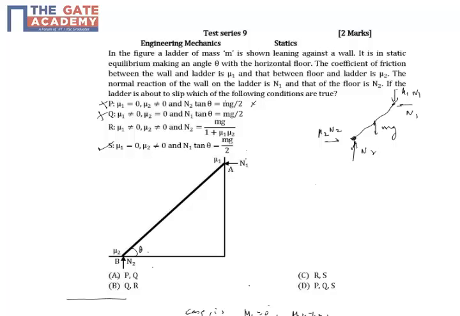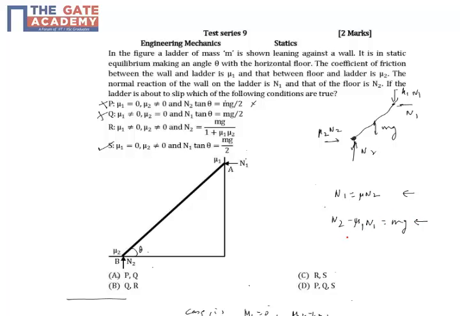But we need to find N2 here, so we can balance the forces first. If you balance the forces in the x direction, N1 is mu2 N2. In the vertical direction, N2 plus mu1 N1 is mg. We need not use the moment equation.